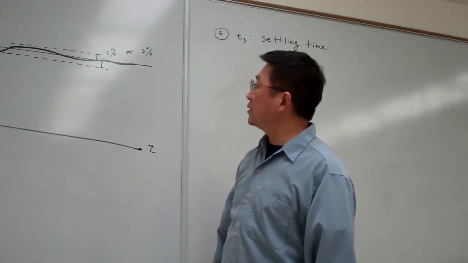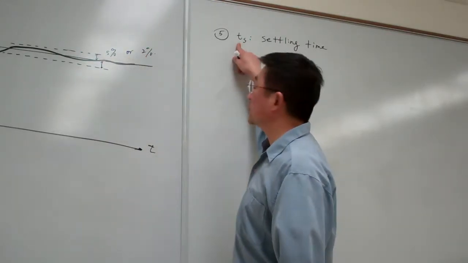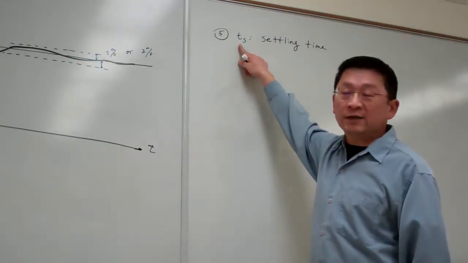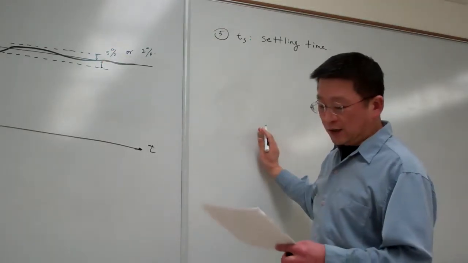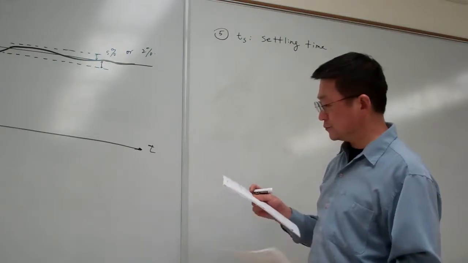So here we have the 5% criteria or 2% criteria for determining TS, depending on the criteria we like. What I'm going to show you in the following is per the 5% criteria.